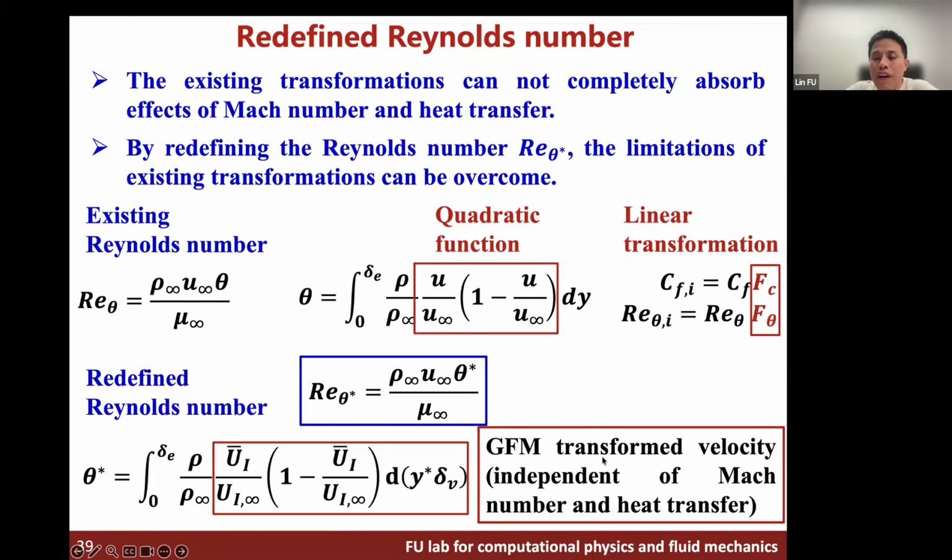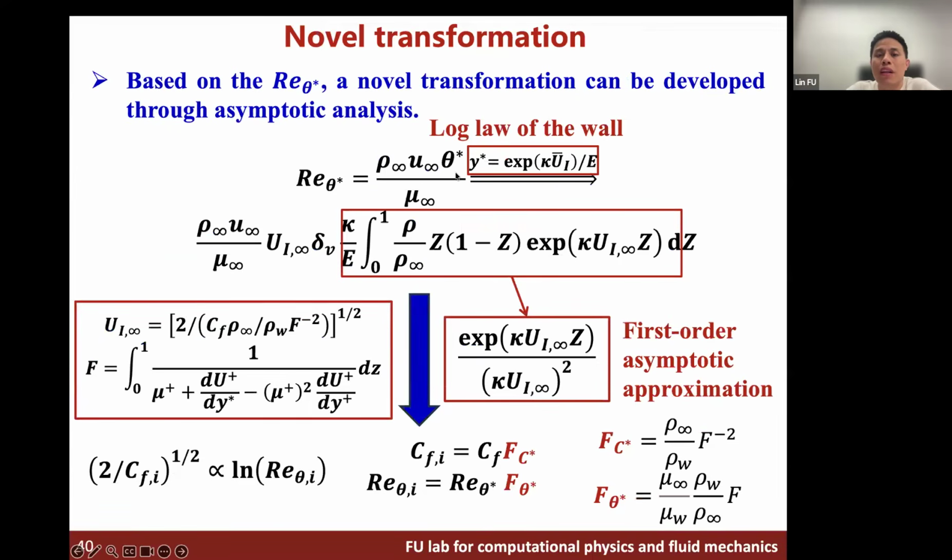With this redefined velocity, it will be independent of Mach number and heat transfer effects. This is the key idea. We redefine the velocity as the transformed velocity that can eliminate the Mach number and the heat transfer effect and collapse to the incompressible Reynolds number. And then we introduce a log law assumption to analyze this new Re_theta definition. During the entire derivation, we use an asymptotic method.